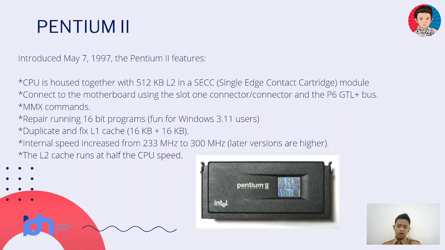MMX command repair running 16-bit programs, fun for Windows 3.11 users. Duplicate and fix L1 cache 16 KB plus 16 KB. Internal speed increased from 233 MHz to 300 MHz. Later versions are higher, and L2 cache runs at half the CPU speed.